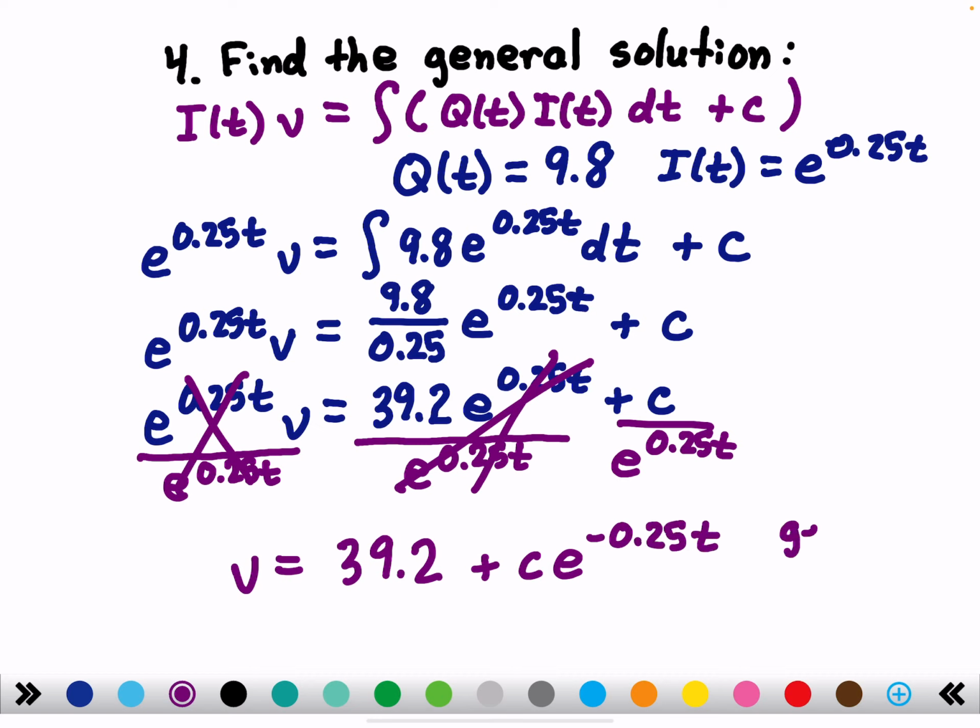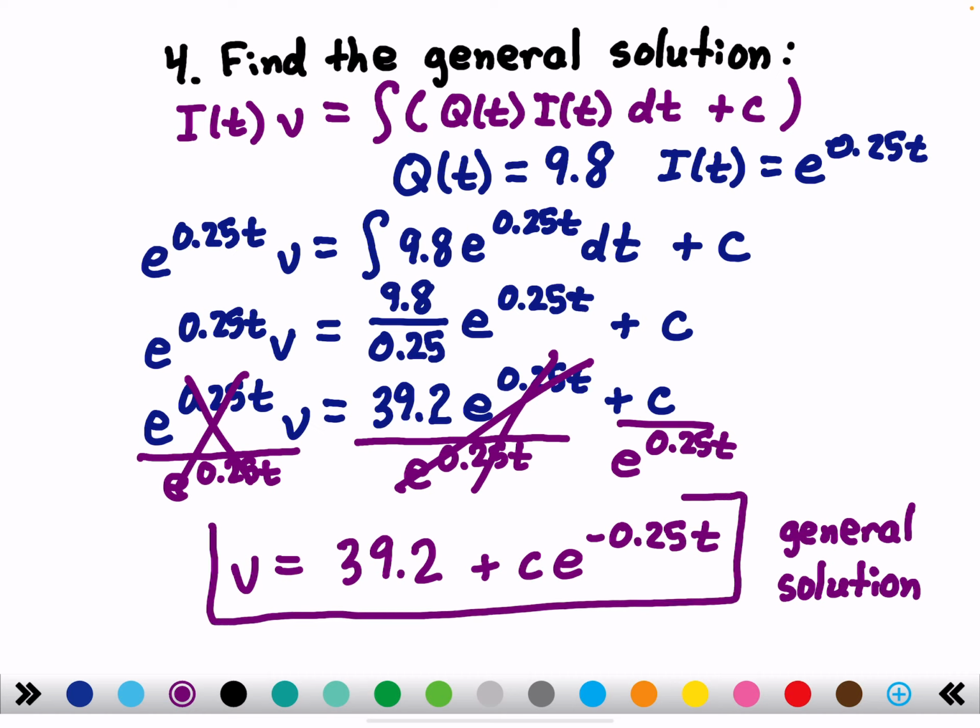And this is the general solution of this linear first order differential equation.